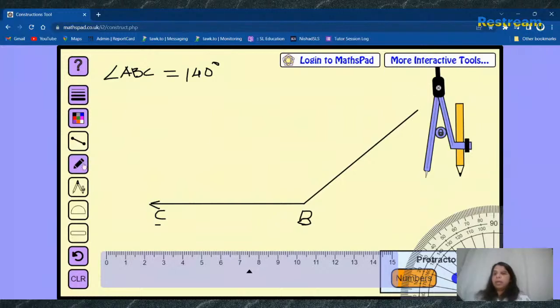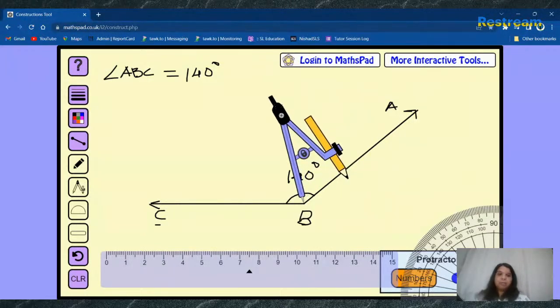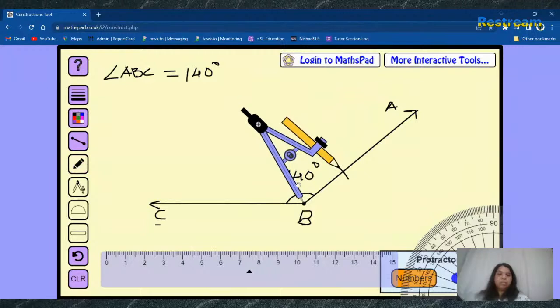Okay, and I will do this my arrow thing and E, and then this becomes 140 degree. Now same thing, bring your compass over here. If you want, you can increase the distance because this is a bigger angle, but it doesn't matter actually. Frankly speaking, it doesn't matter how long the distance is, as long as you keep the distance same.